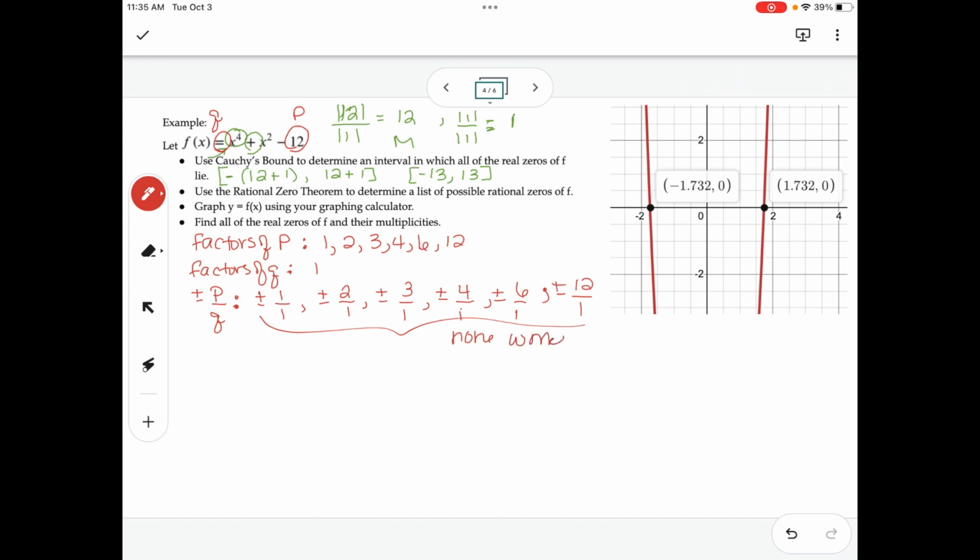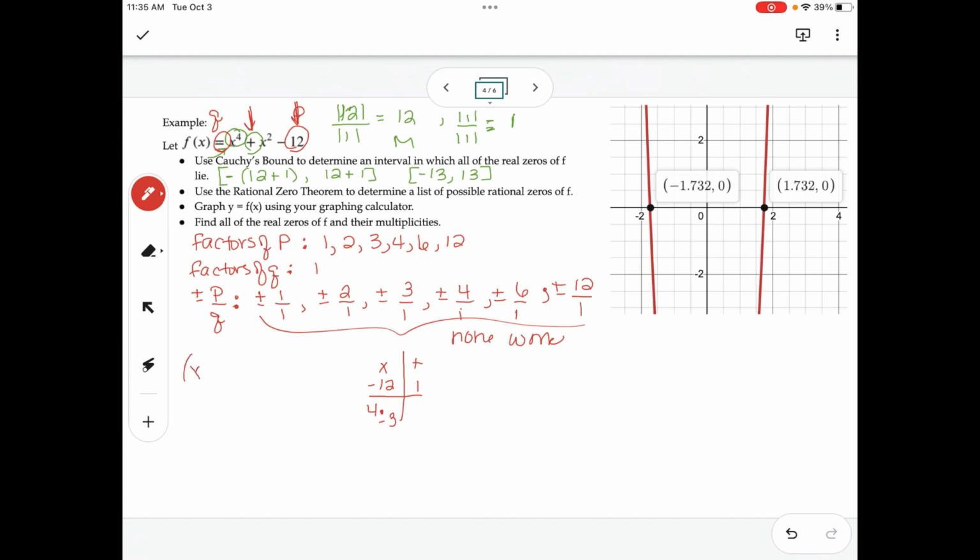So I'm going to have to utilize some other strategy. Perhaps I can factor, because if I look at x to the 4th plus x squared minus 12, we have a trinomial. So what might multiply to negative 12, but yet add to positive 1? Remember, ignoring the x to the 4th and x squared, this is a trinomial. 4 times negative 3 will work.